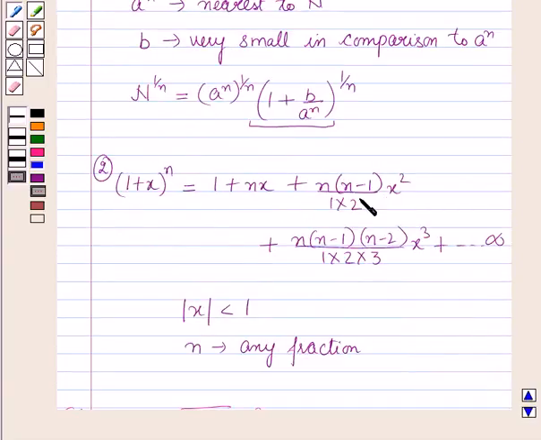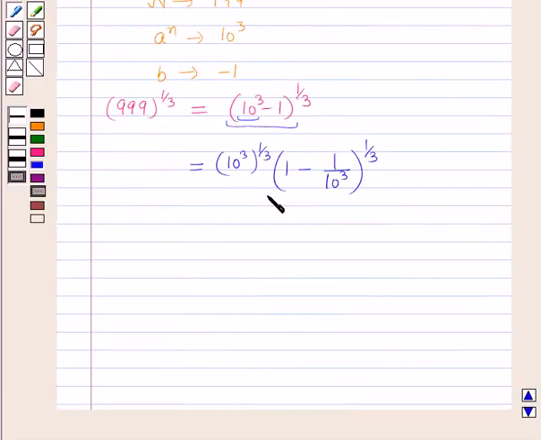Now using the expansion which is given in the key idea, we will expand this expression. Here x is minus 1 over 10^3 and n is 1/3.